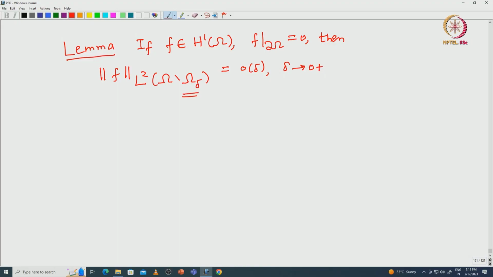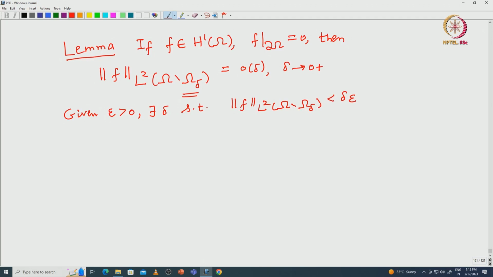If you want to write in terms of epsilon and delta, this means given epsilon positive, there is delta that depends on epsilon, such that the L2 norm of f on omega delta is less than delta epsilon.